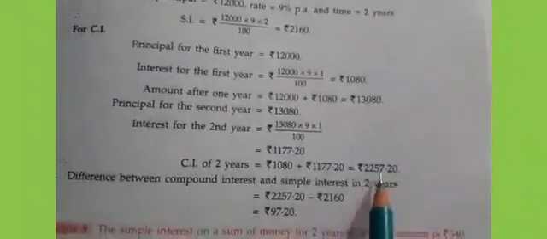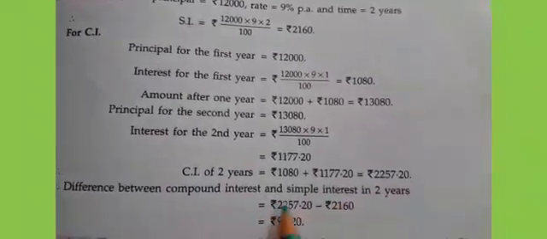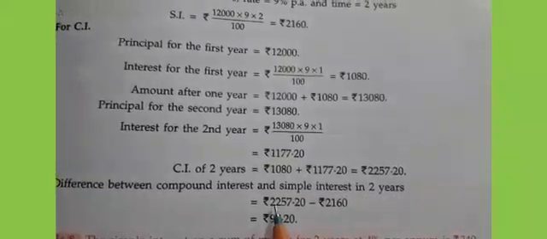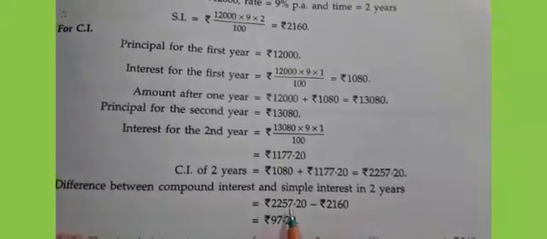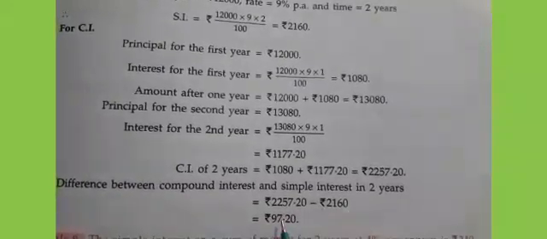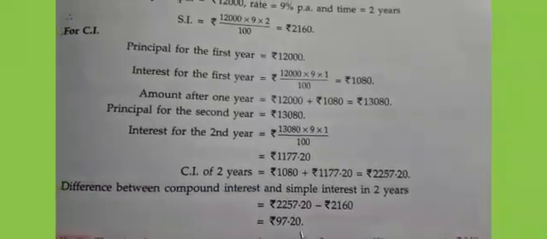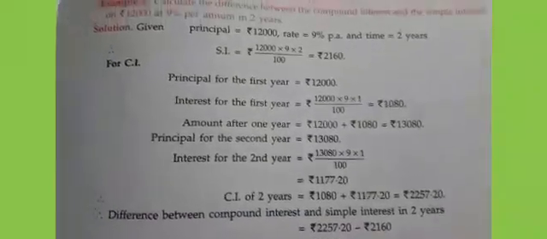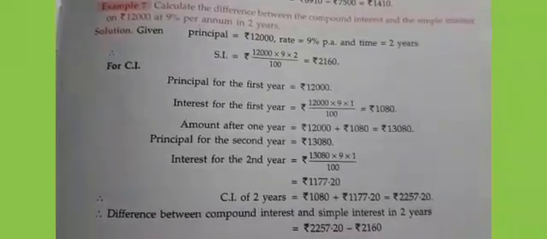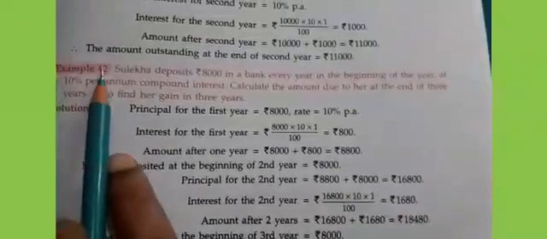Now we have to find the difference between the compound interest and simple interest. So difference between compound interest and simple interest in 2 years will be 2257.20 rupees minus rupees 2160. That we are getting answer as rupees 97.20. So in this way you can solve the question. Children, try to practice all the example questions. Now let us see one more example.